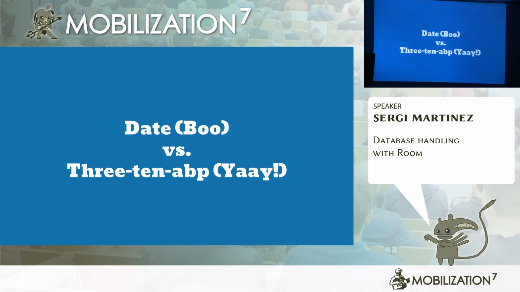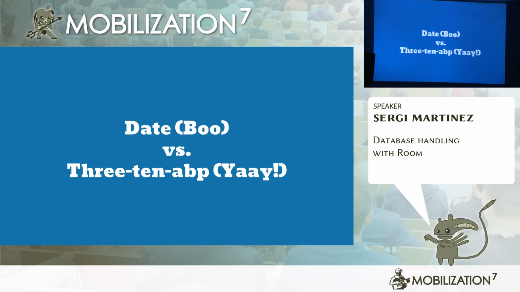We had Date, we had Calendars, and now we have LocalDateTime, all this framework. Unfortunately, it's not available in Android. It's not available in Java 7. I think that in version 26 it's available, but the min SDK would have to be 26, so I think we will be using it in five years.